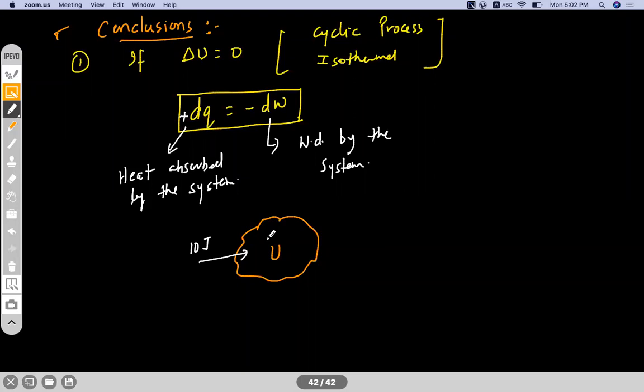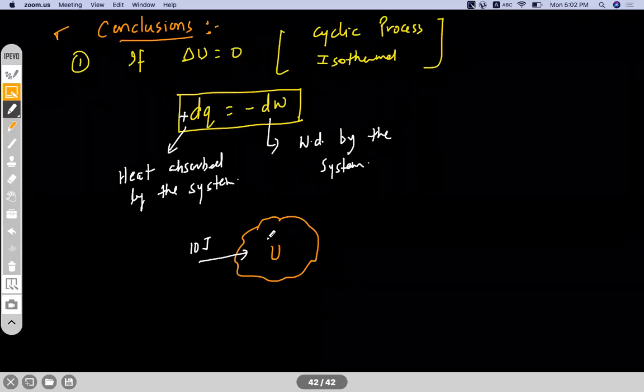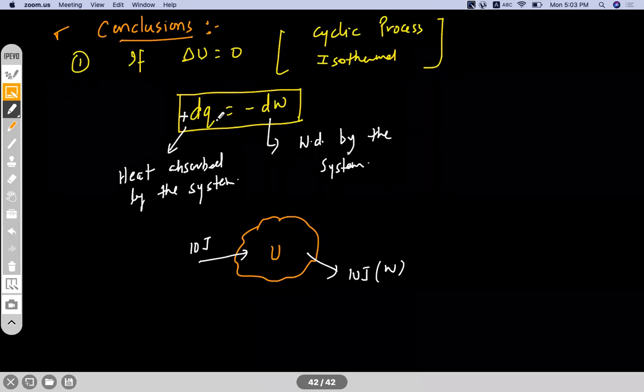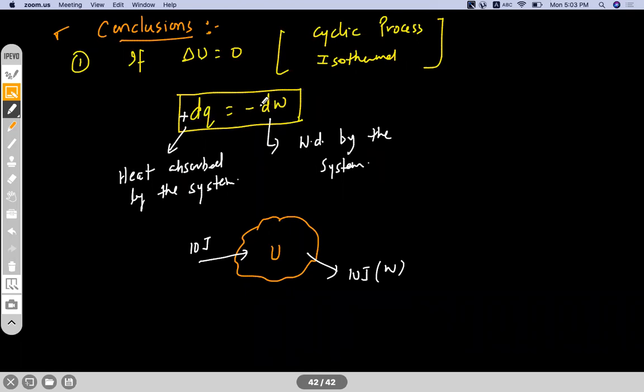The amount of energy that you are taking in, an equal amount of work has to be done. So 10 joule of energy you are taking, and if an equal 10 joule of work you do, it means there is no net gain or loss of energy for the system, and hence delta U is constant. And that is the mathematical relation we have here: the amount of energy absorbed, an equal amount of work done by the system. Any doubt?